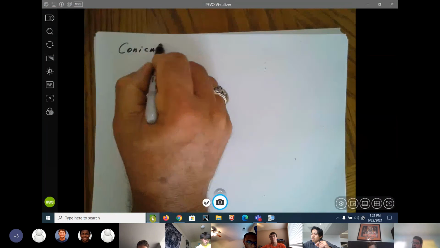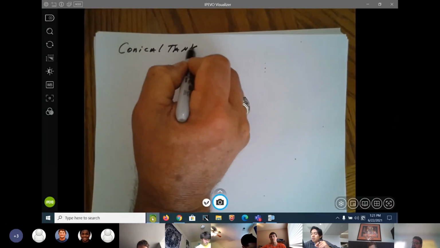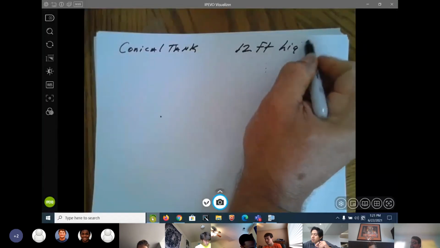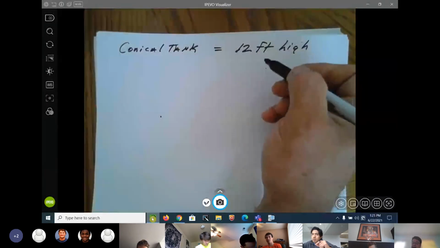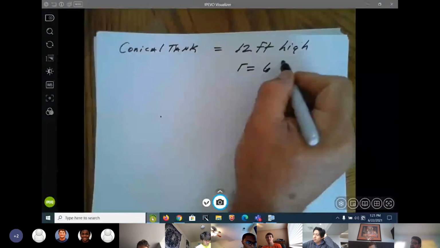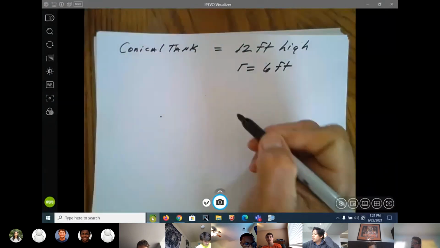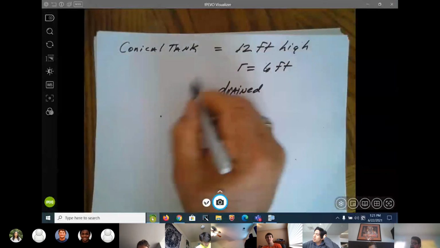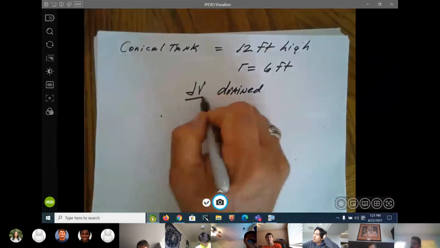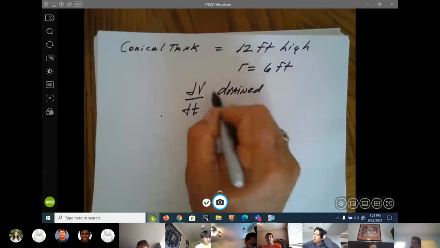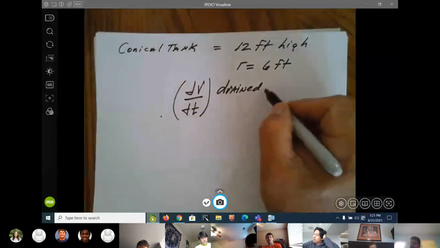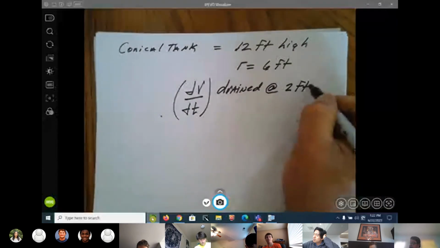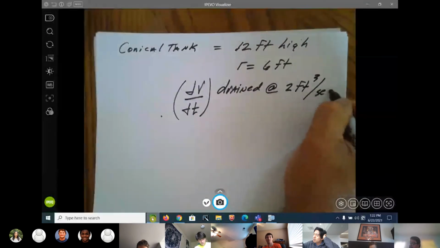You got a conical tank. It is 12 feet high and a radius of 6 feet, and it's being drained. That's dV/dt. It's being drained at a volume of 2 feet cubed per second.